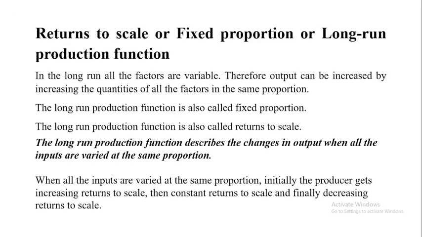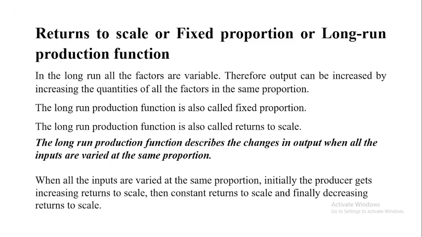So your scale of production is changing in the long run. So we are analyzing what happens to the output or what happens to the returns when the scale of production changes. That is why the long run production function is called returns to scale.